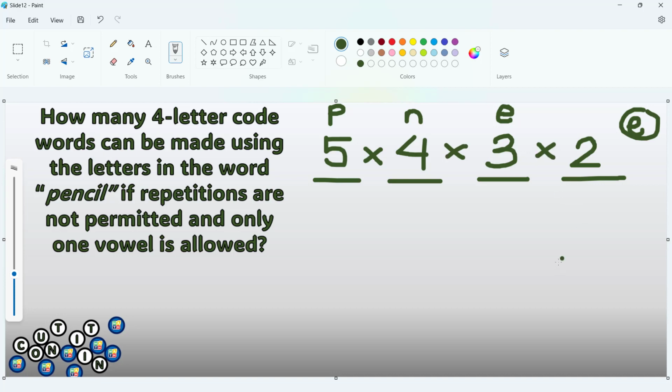So for the number of 4-letter code words using E as the only vowel, we have 5 times 4 times 3 times 2. That's actually 120 possibilities. Let's check. 5 times 4 is 20, times 3 is 60, times 2 is 120.